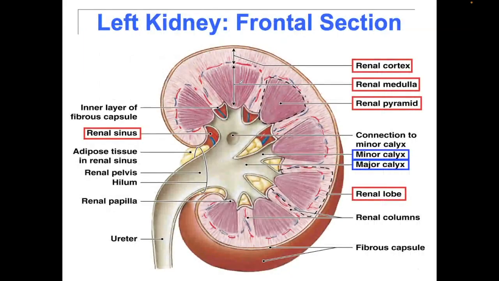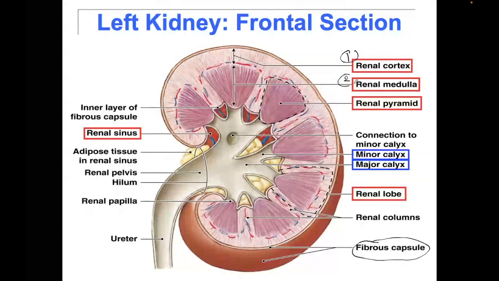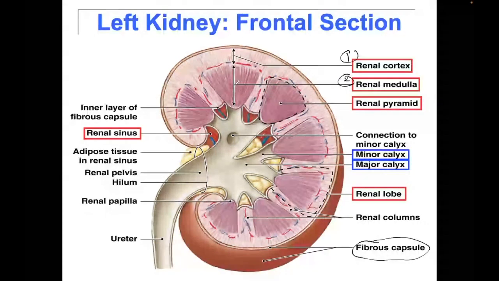Let's take a look at it in a larger picture. So now, going here, we can see the renal cortex. We'll call that number 1 right here. That's the outer part. Here's the renal capsule. It's a fibrous capsule. The cortex is outside. The renal medulla is inside.